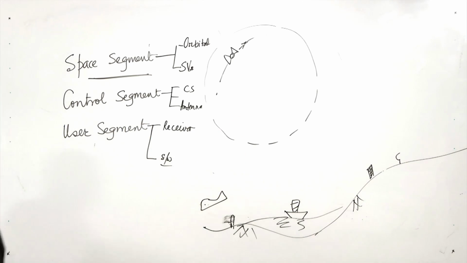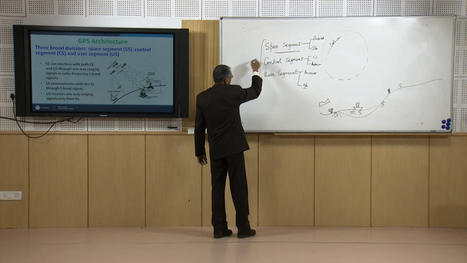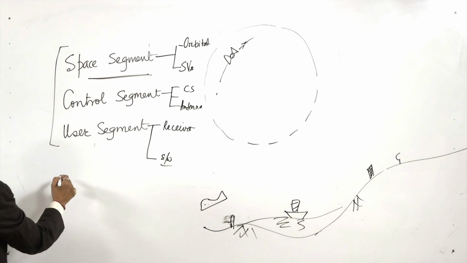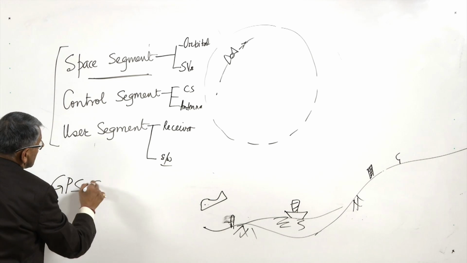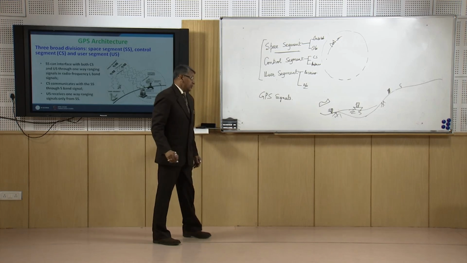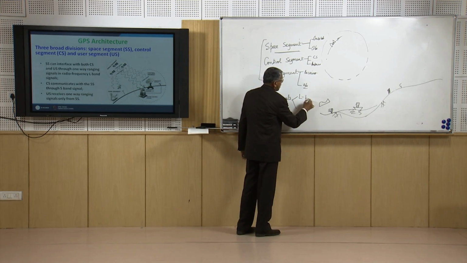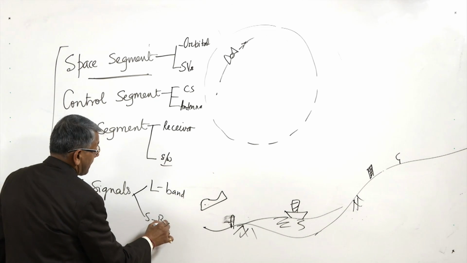Apart from that, there are the GPS signals. There are two types of GPS signal: one is called L band and another is S band.